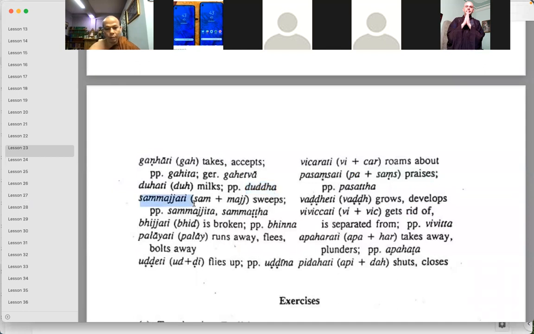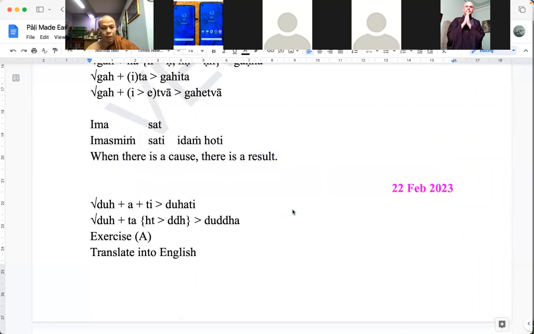And then sammajjati. The root is mrj, you see, sweeps. So the root is mrj, and then R, and then D. So we have sammajjati.